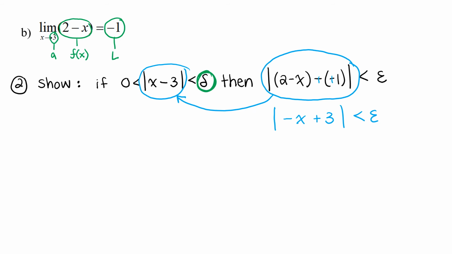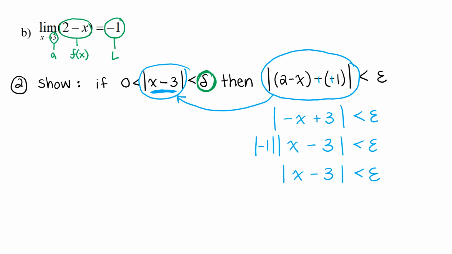And this looks pretty similar to the other one, but instead of having this negative x, we actually want to have a positive x. So let's factor out negative 1. So we have the absolute value of negative 1 times x minus 3 is less than epsilon. Well, the absolute value of negative 1 is just 1, so now we have the absolute value of x minus 3 is less than epsilon.